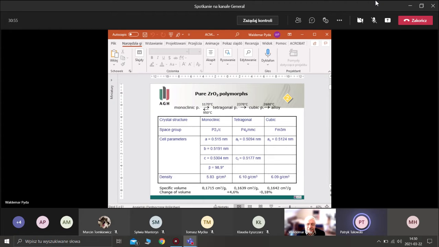Yes, and during cooling and during heating, we must generate appropriate shear stress, and we need to achieve appropriate thermodynamic driving force, simply, to generate the process which is barrierless, which is athermal. Okay, thank you very much, Mr. Patrick Talowski.